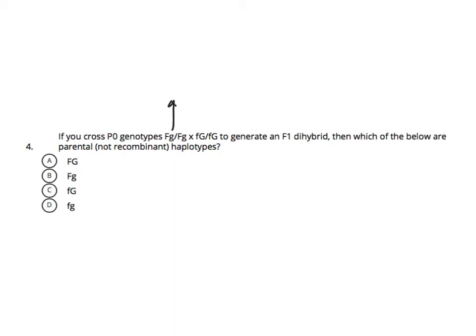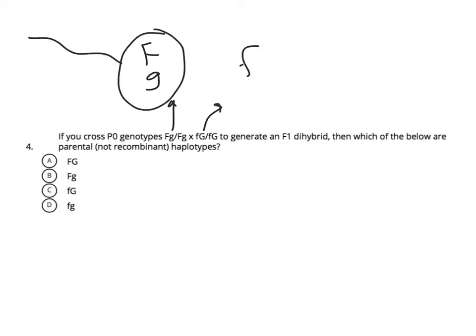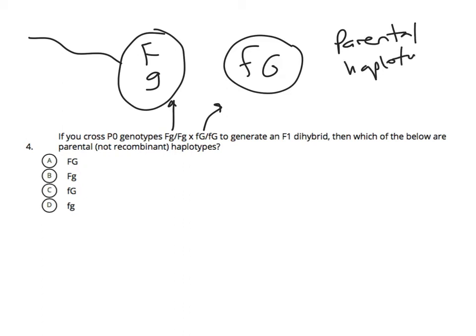So that individual has big F's and little g's only in their gametes. And that one, little f's and big G's. So those P0 individuals make those parental haplotypes. Their gametes will guarantee you have those haplotypes.